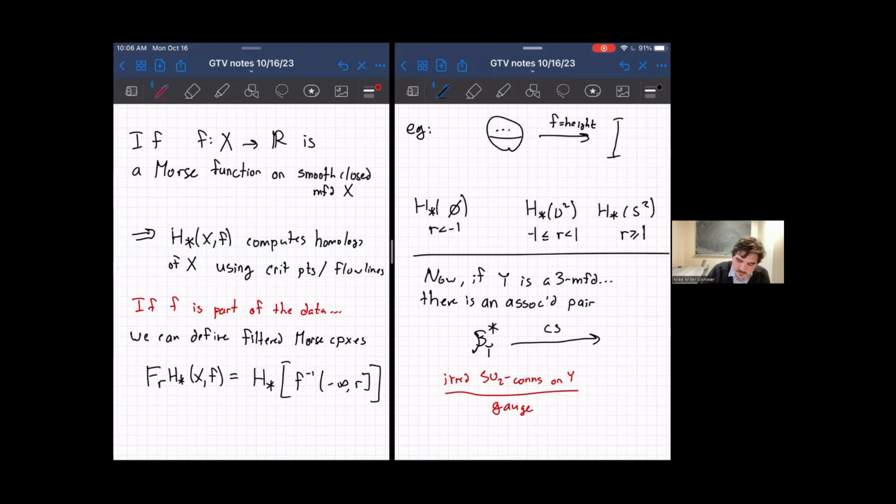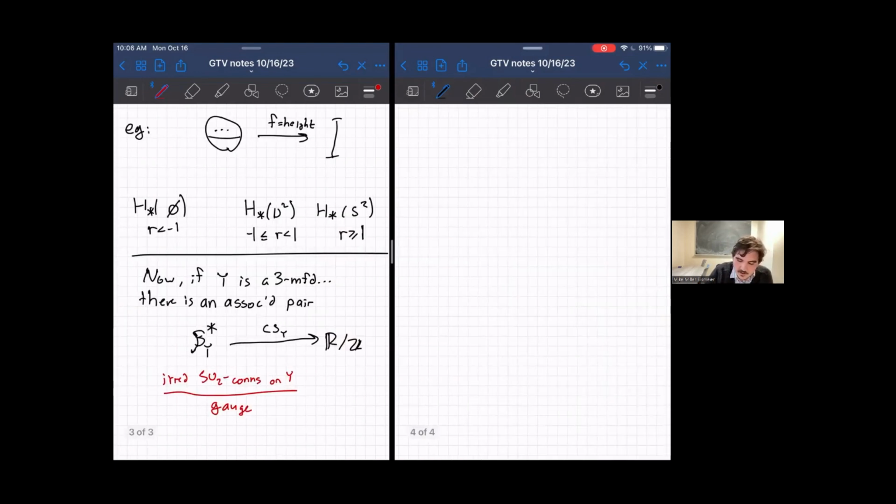And this comes with a canonical, well-defined function, the Chern-Simons functional. This is kind of crazy compared to what we see in every other Floer theoretic gadget we work with. The function itself, not the set of flow lines, but the function itself is purely topological.